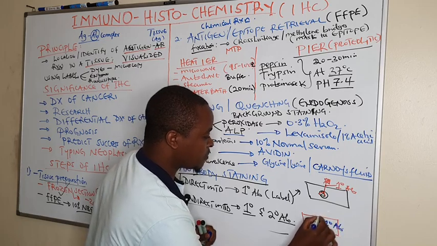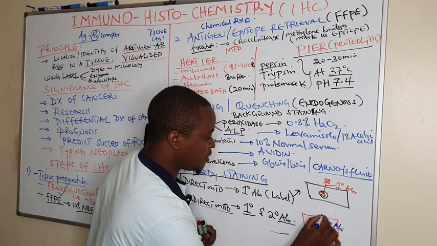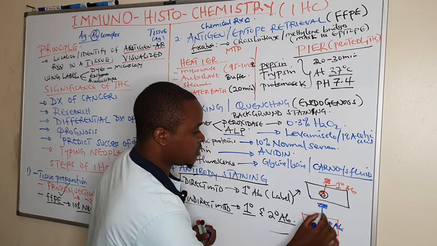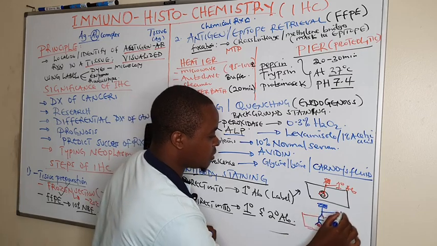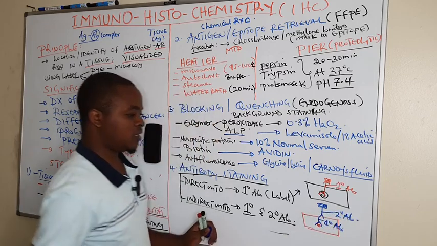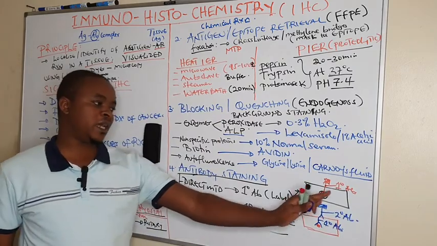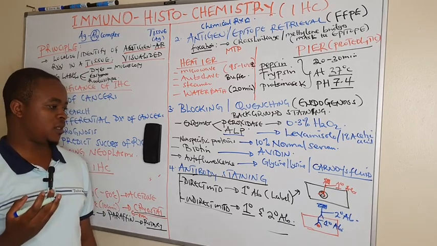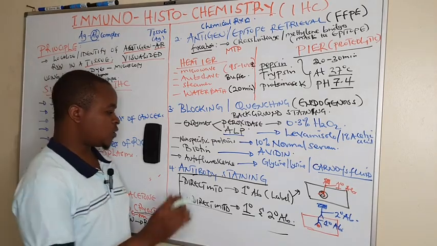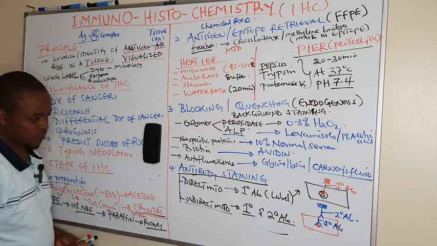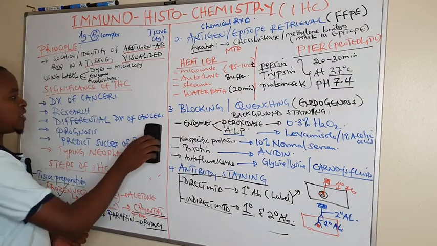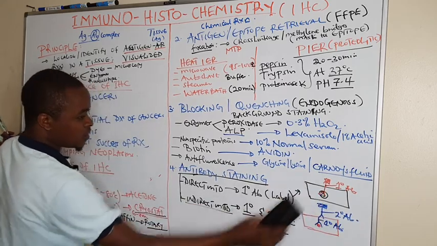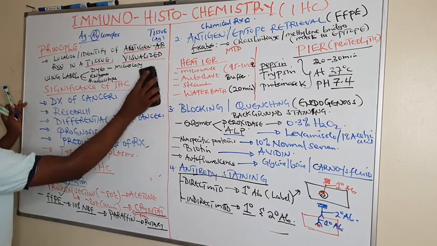Then later we add a secondary antibody which is conjugated. So these are the differences between direct and indirect immunohistochemistry. This becomes step number 4, which leads us to step number 5, whereby we are going to expound on the labels added on these antibodies.